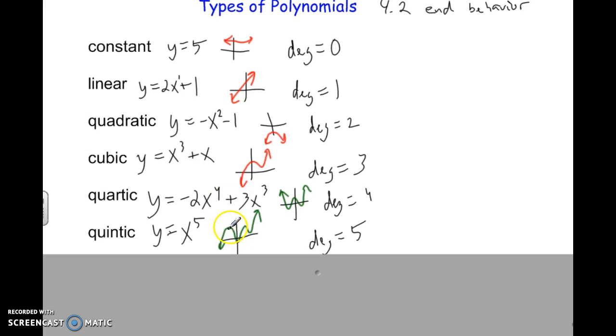Like it turns right there, it turns right here, it turns right here, it turns right there. It has 4 turns, but it's 5th degree. This one can turn up to 3 times, and it's 4th degree. This one can turn up to 2 times, and it's 3rd degree. This one always has 1 turn, it's 2nd degree. This one doesn't have a turn, it's linear. So just some things there about types of polynomials.